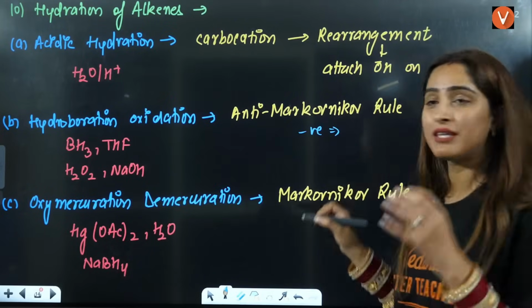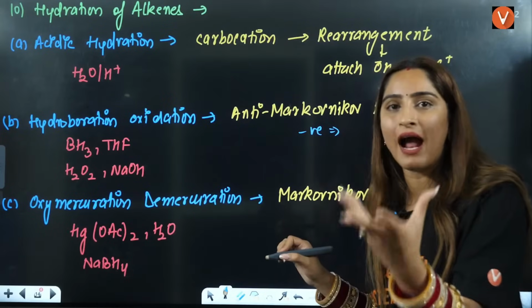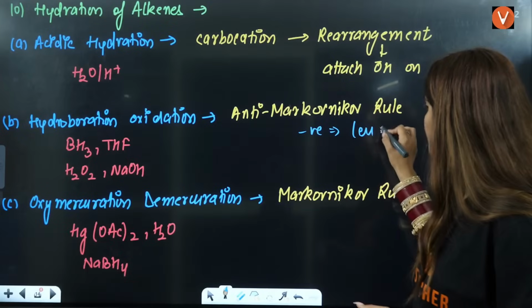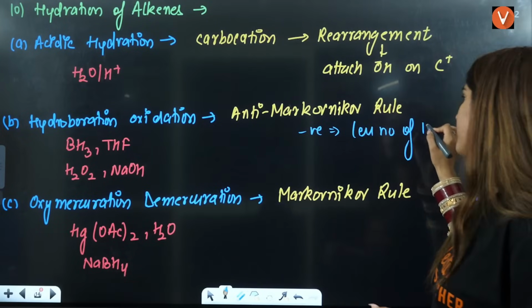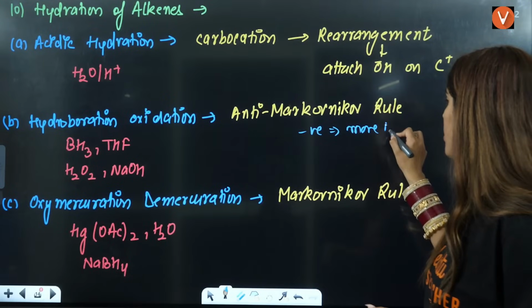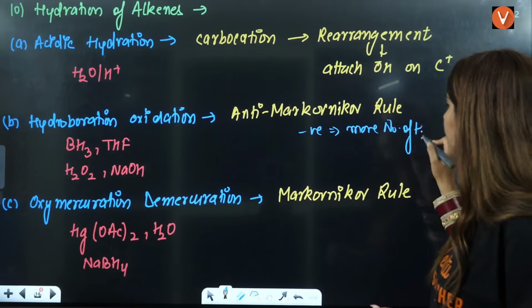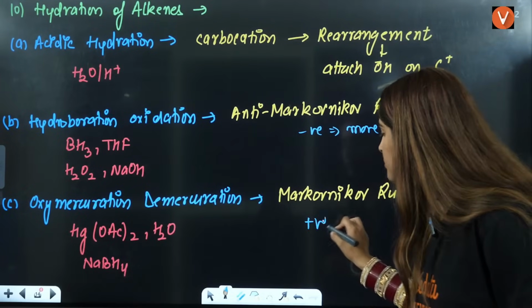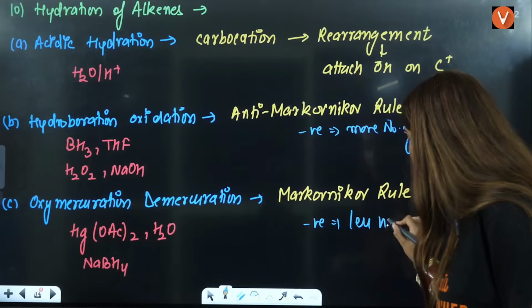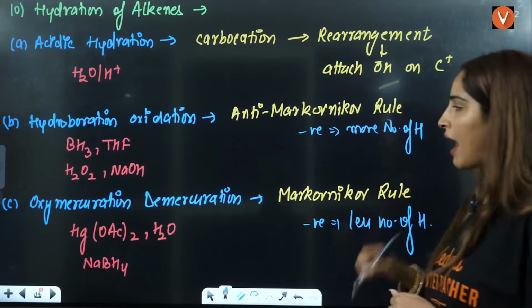The negative part goes on the carbon with more number of hydrogens. Markovnikov rule is the negative part on the carbon with less number of hydrogens.